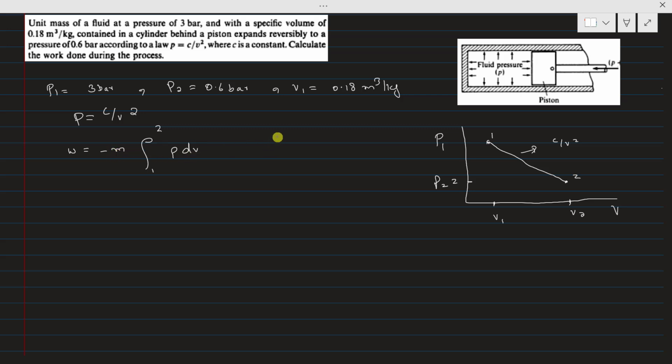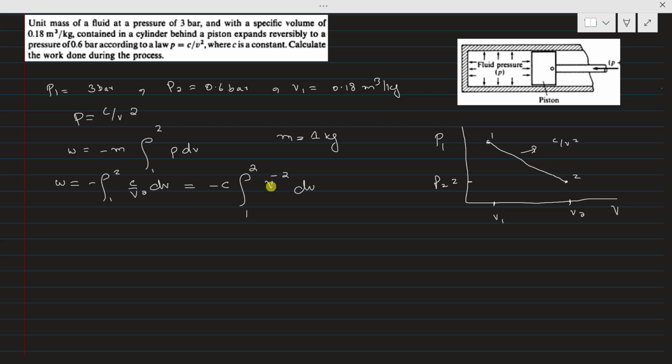The mass is unit, so we will consider this mass as 1. This pressure is given in terms of C by V square, so we can write minus integral 1 to 2 of C by V square. C is constant, so I can write minus C, and 1 over V square, so I can say V to the power minus 2 dV, integration 1 to 2.